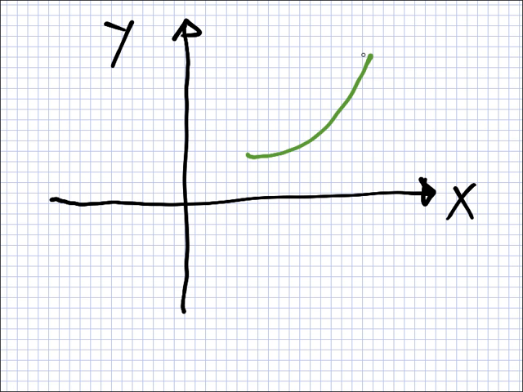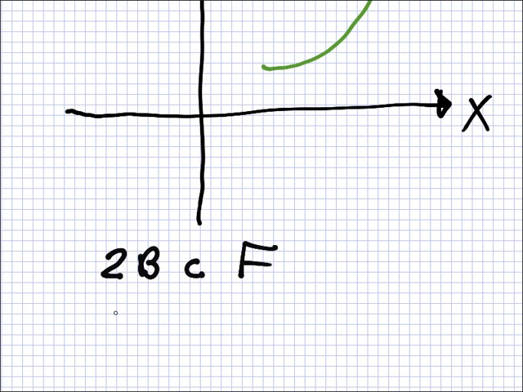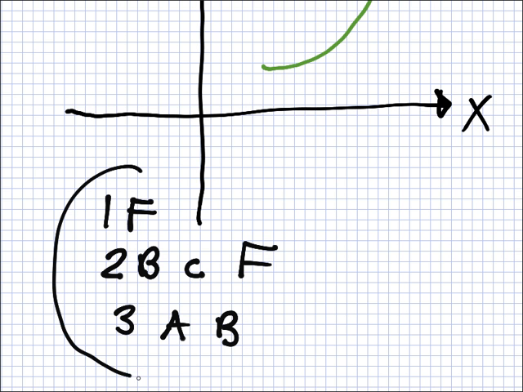And let me give you some questions to try now for a few minutes. 2 B C F and 3 A B. Oh, and I'll give you 1 F. Okay, 1, 2, 3, 4, 5, 6 questions there.